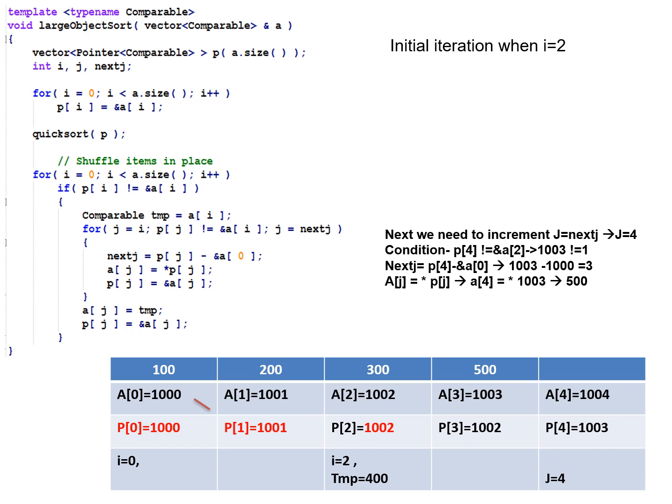So we now see that J has got the value 4. Now you see, is P of 4 not equal to A of I? Right, it is not equal to A of I. That means come inside. Now see P of J. What is P of J? 1003. 1003 minus base address 1000 will give me 3.